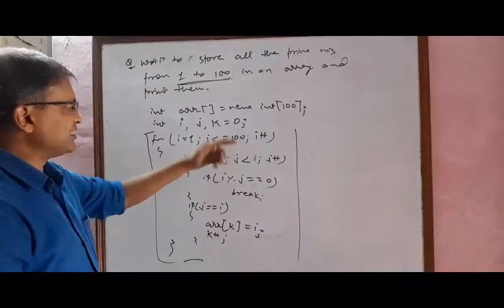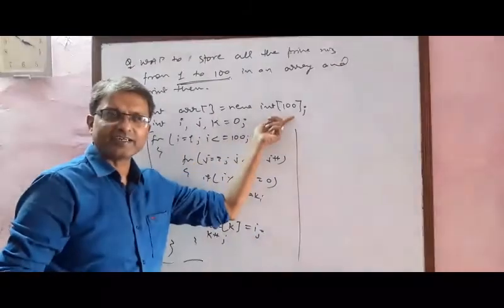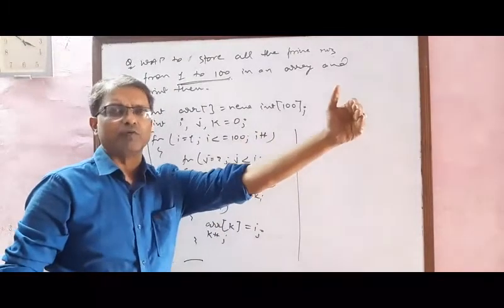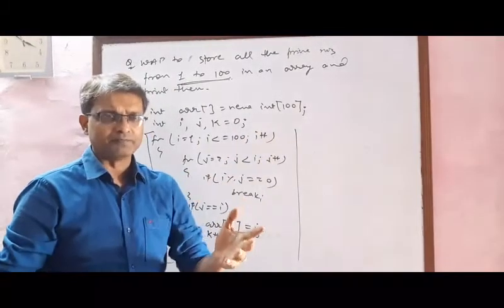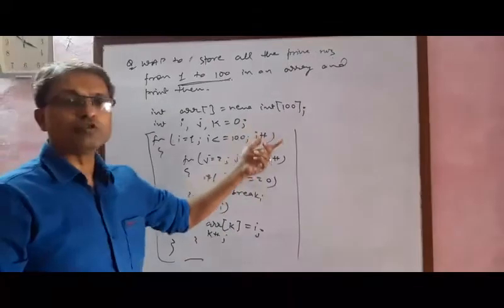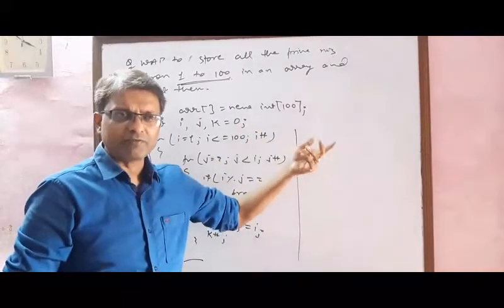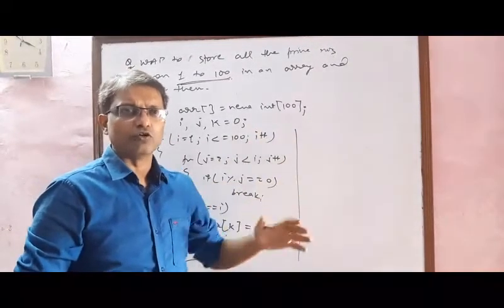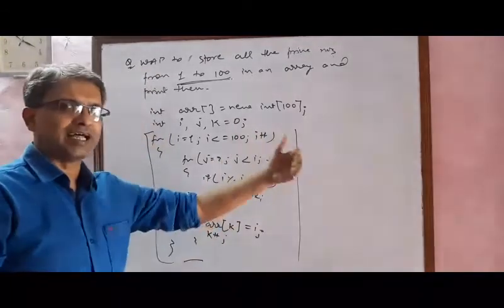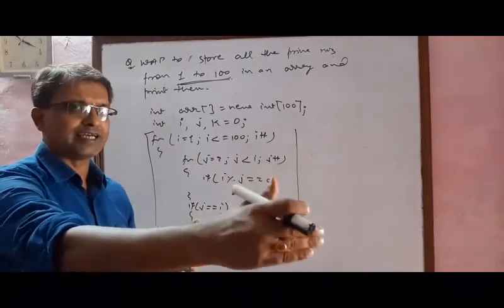It's not compulsory that if you have declared size 100, all 100 positions will be filled up. It may be that there are only 20 prime numbers, or 50 prime numbers between 1 and 100, so you have to think about what the last position is, because you can print only up to that position.